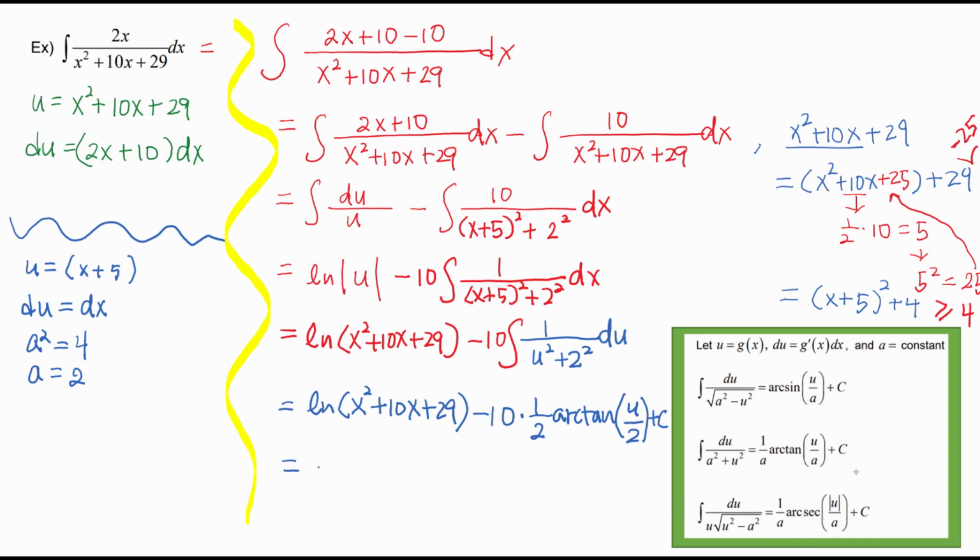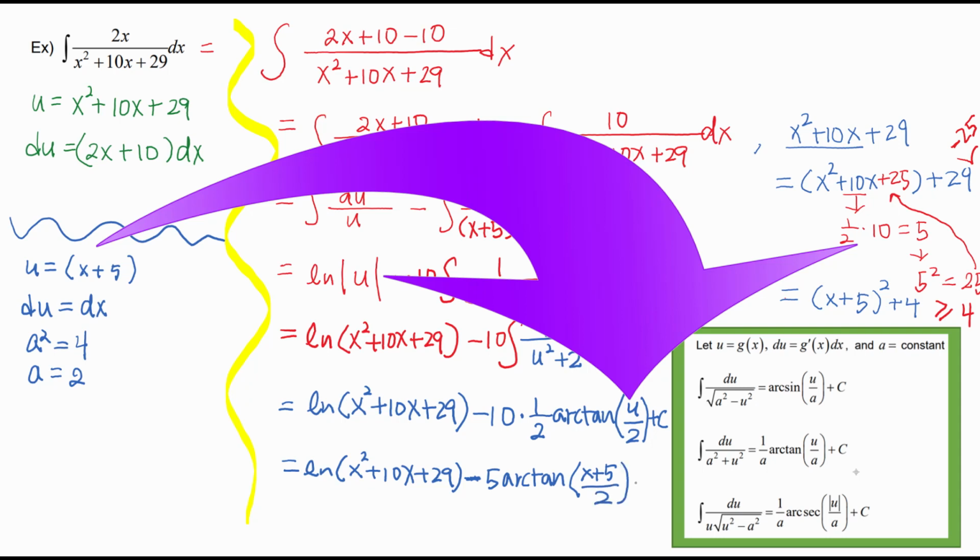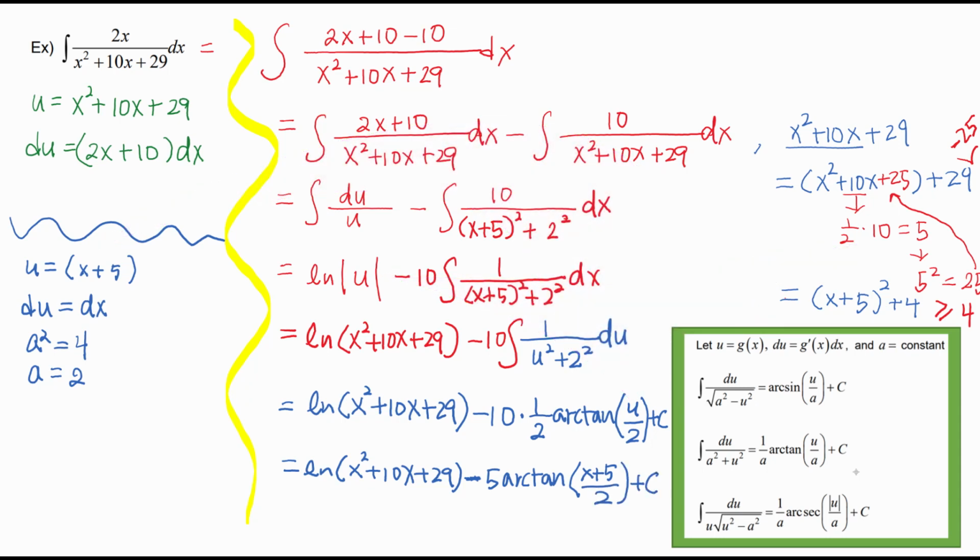So my final answer is, one more time, ln of the quantity x squared plus 10x plus 29, negative 10 times 1/2 is negative 5, arctangent, my u was x plus 5, over 2, plus c. So here is my final answer to this problem.